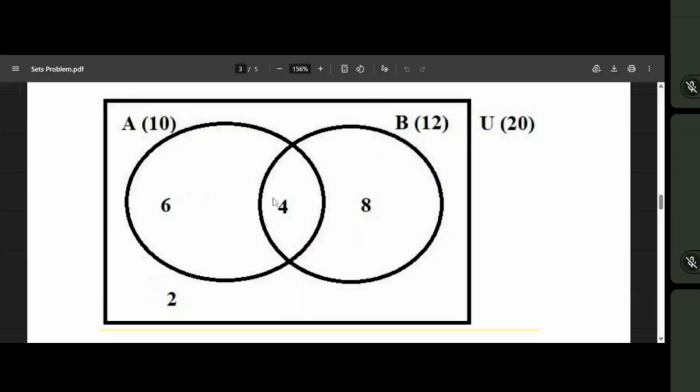Now, it's also possible we take away 6 and ask you to find what is represented in that region. We know that when you add 6 and 4, you are getting 10. So if 6 is not there, you just take 4 away from the 10 and you're having your 6.